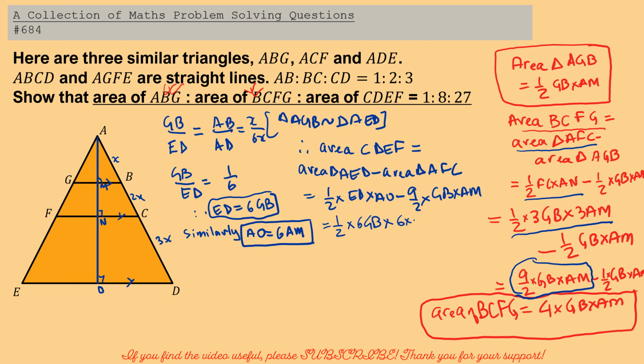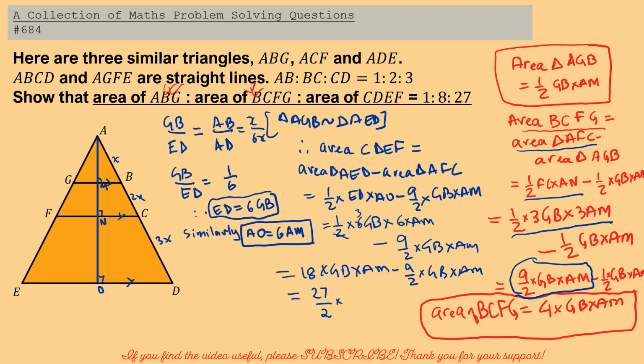AO is 6 times AM, and then minus 9 out of 2 times GB times AM, and that is 2 times 3, so 18 times GB times AM minus 9 out of 2 times GB times AM, and that is 36 minus 9, that is 27 out of 2 times GB times AM.